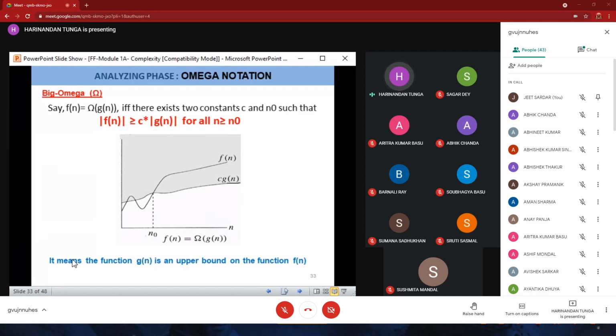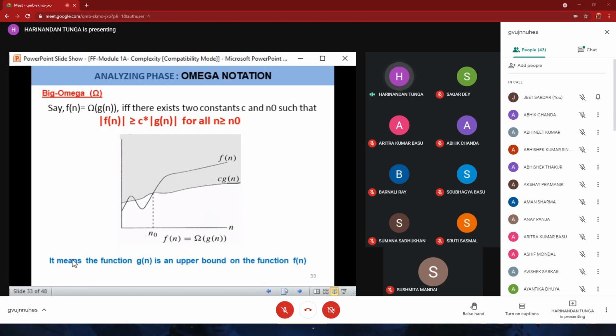In big O we saw that g(n) is an upper bound of f(n), but here in big omega, it means g(n) is not an upper bound, here again a statement is wrong, it is the lower bound on f(n).